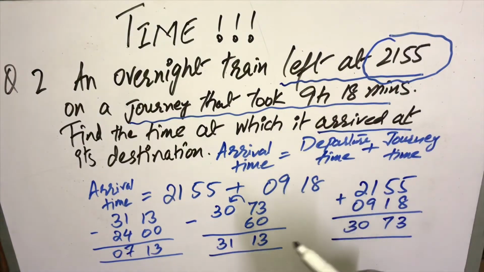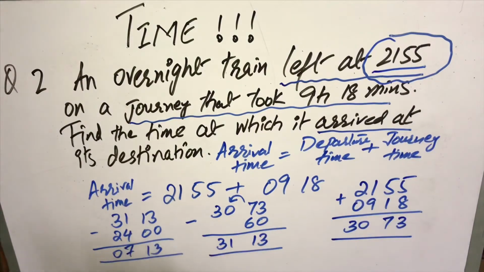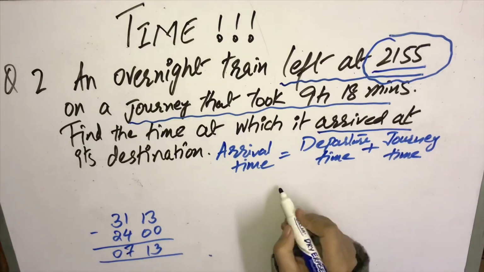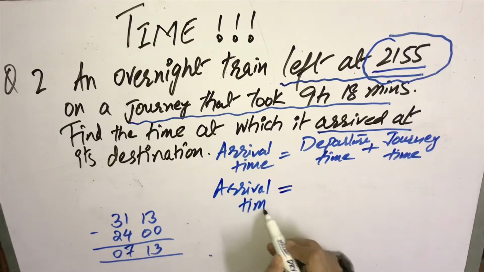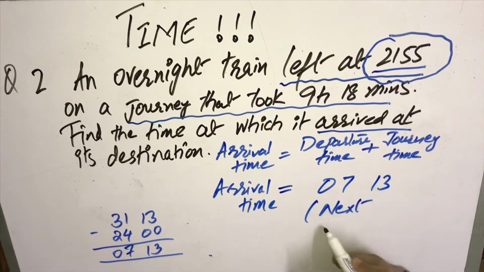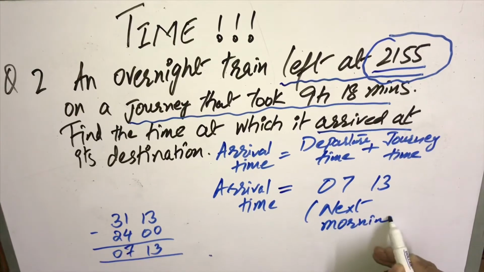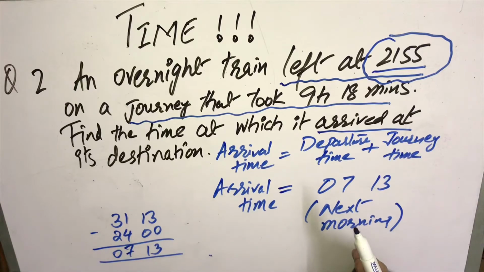So when I have to find my answer, I have to add the whole previous day in the question, and then I shall come to know that my arrival time was the next day. After all these calculations, my arrival time will be 0713, but it is next day, or I shall write next morning. This point is very important in time: when we subtract 24, the answer comes for the next day. And when we add 24, the answer comes for the previous day.